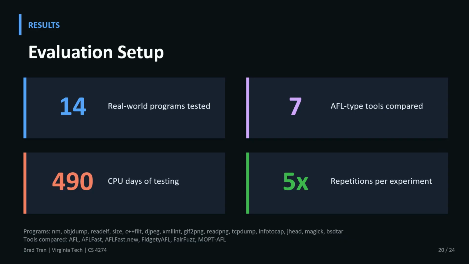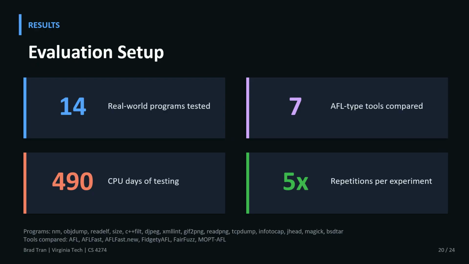So the evaluation is comprehensive. 14 real-world programs: nm, objdump, readelf, tcpdump, ImageMagick, libarchive, and others. 7 baseline tools include AFL, AFLFast, AFLFast.new, FidgetyAFL, FairFuzz, and MOPT-AFL.